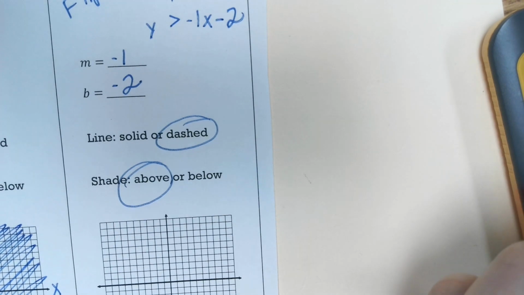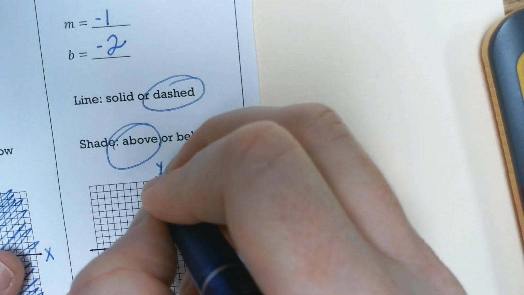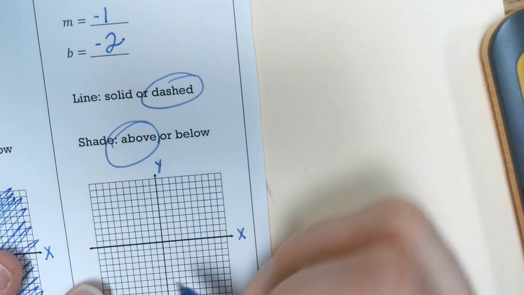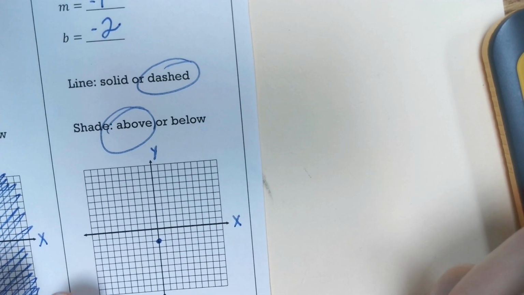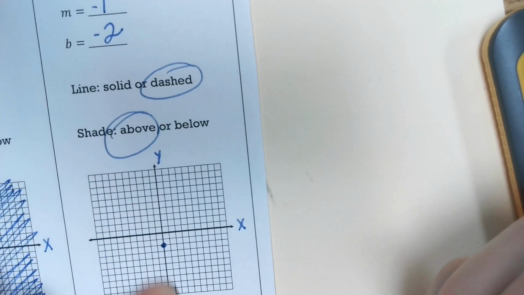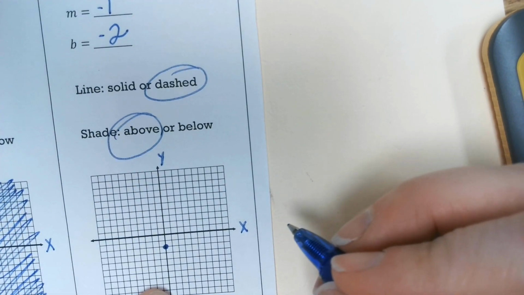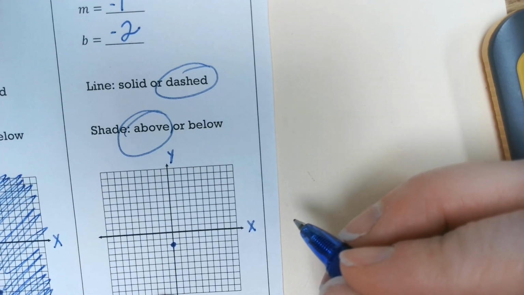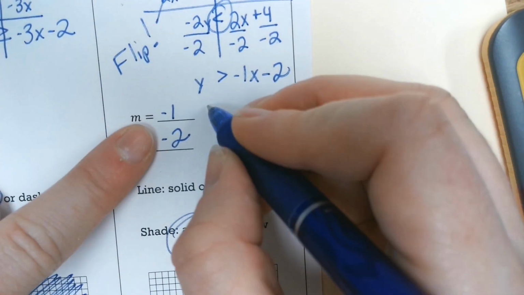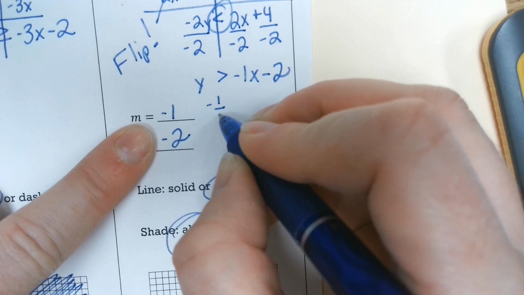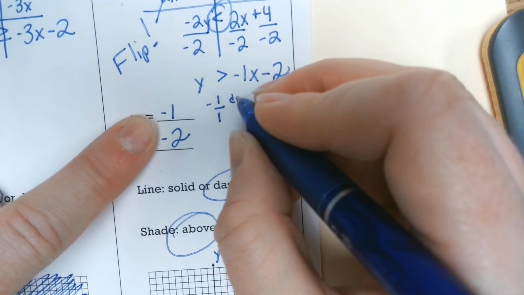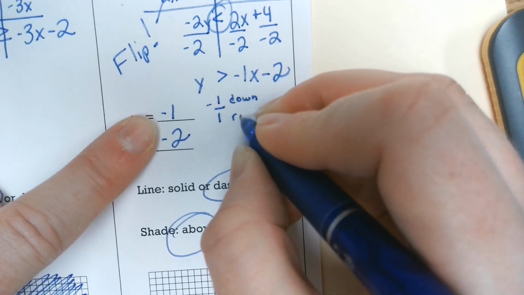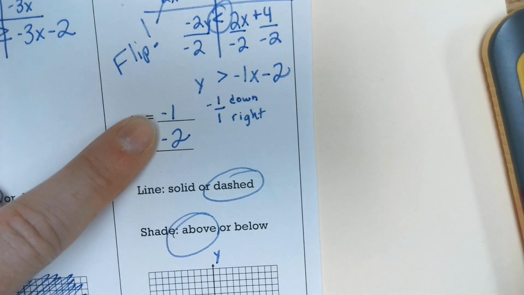All right, so where do we start? On the y-axis at negative 2. Make sure you're on the y-axis. People are still making the mistake of starting on the x-axis. Don't do that. Start on the y-axis. And then your slope is negative 1 over 1. If it's negative 1, it's negative 1 over 1. So that means we're going to go down 1 and right 1. Down 1, right 1.